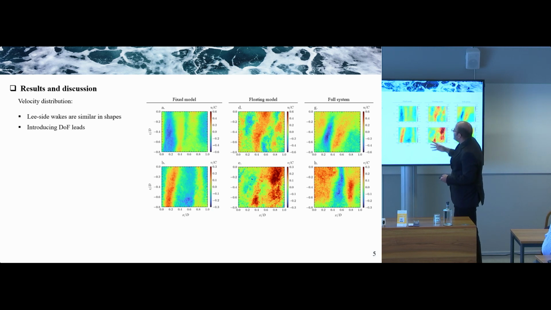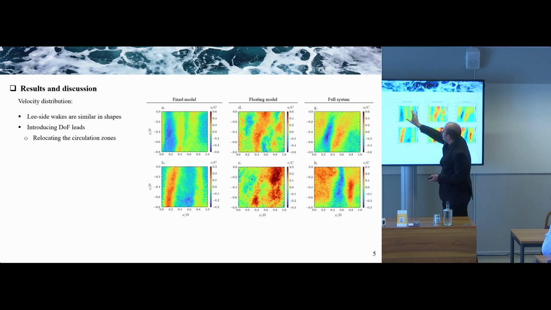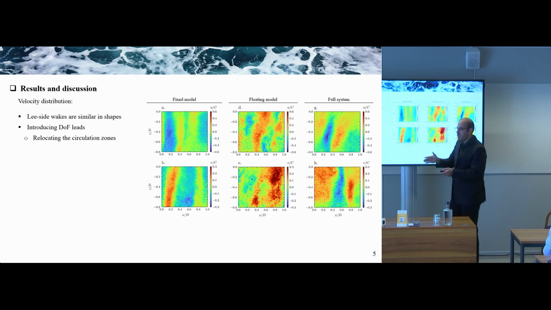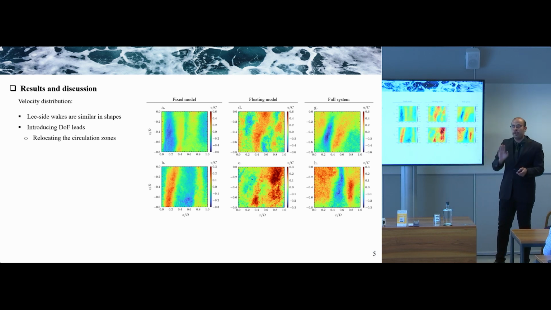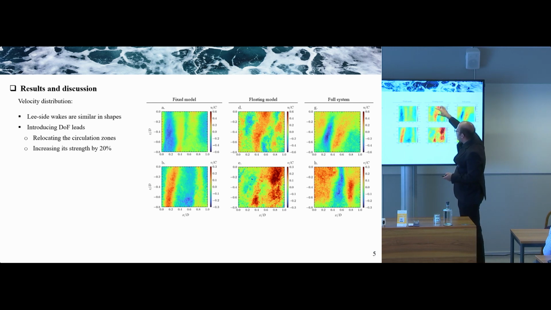But the point is, when you move from the fixed model to a floating model, or in other words, when you introduce the degrees of freedom, these circulation zones relocate to the far side of the platform. It looks like the motion of the platform pushed them further away towards the beach. And their extent also increases by almost 20%.